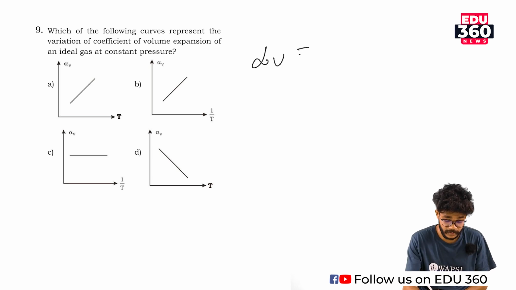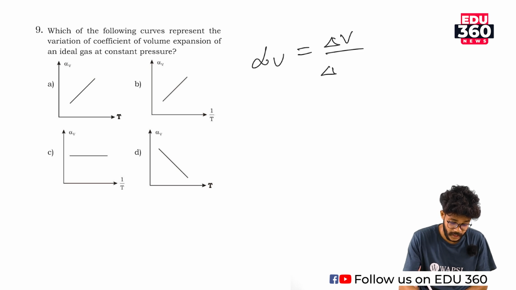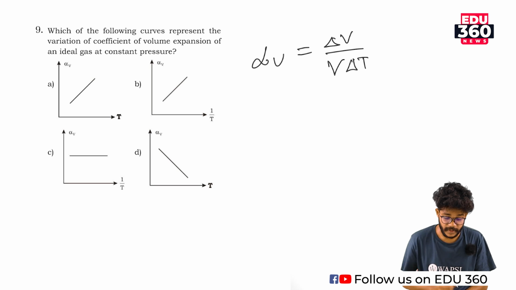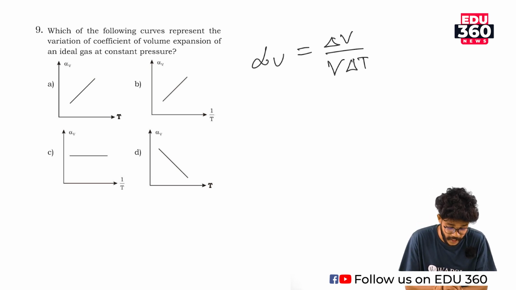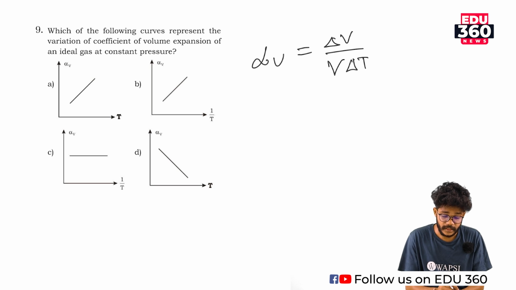Alpha V is nothing but change in volume by original volume, into change in temperature. So actually that is change in temperature, not temperature. So we want to do some modification to make the delta T into T. So we know the ideal gas equation PV is equal to nRT.